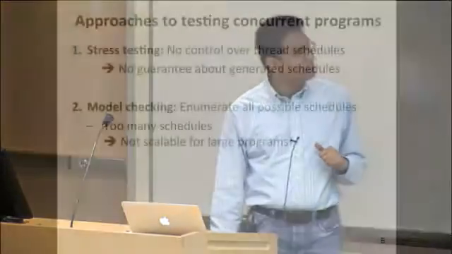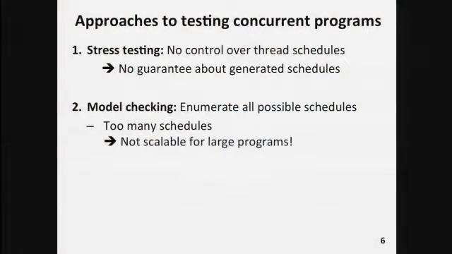Another set of approaches that people have developed is called model checking. It's mostly in the research area, where you try to explicitly explore all the schedules of the threads and see if there is any bug. The problem with model checking is that if you try to apply it to real-world code like, say, Apache or Firefox, it's very hard to scale because the state space is too large.